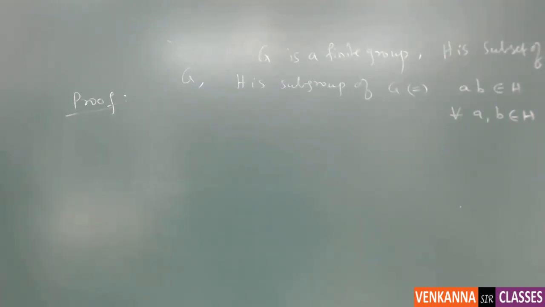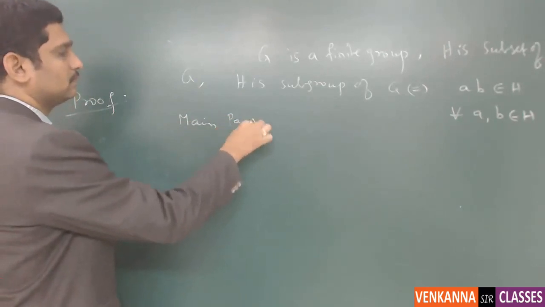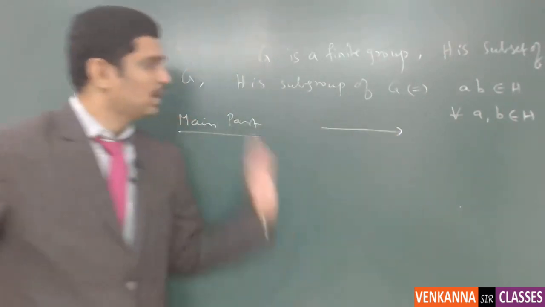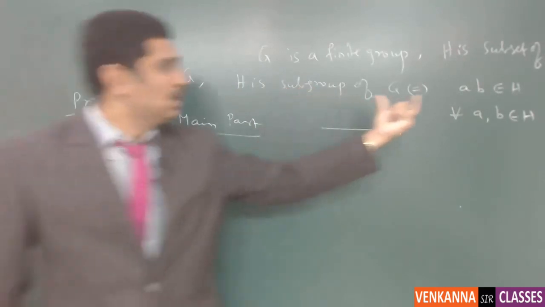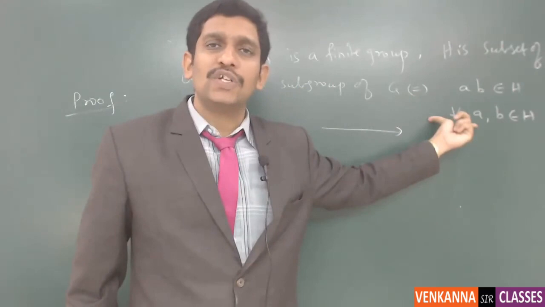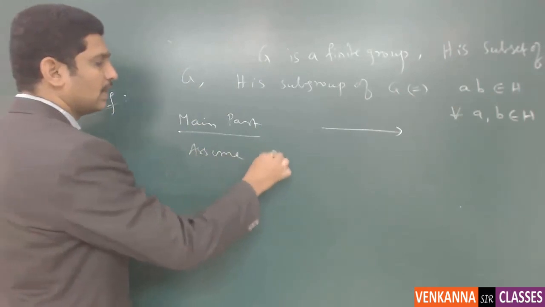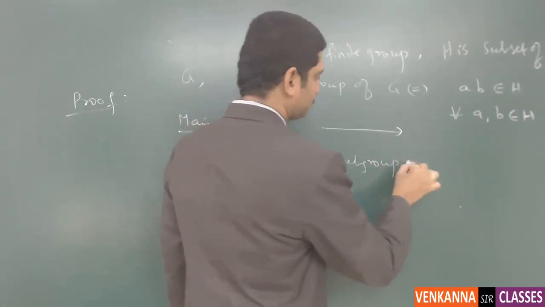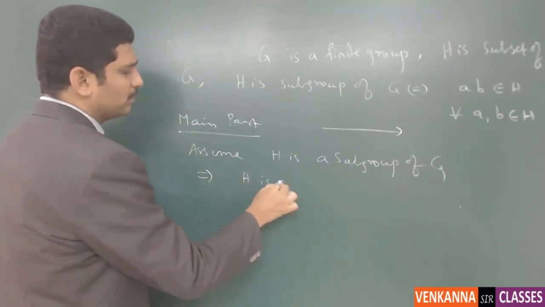So it contains two parts, right? The first part as well as the converse part. So let us go with the main part. So what you are doing, you are moving in this way. You are taking that H is a subgroup, you are proving that H holds this condition. So you assume that H is a subgroup of G. Immediately you can say that H is a group.